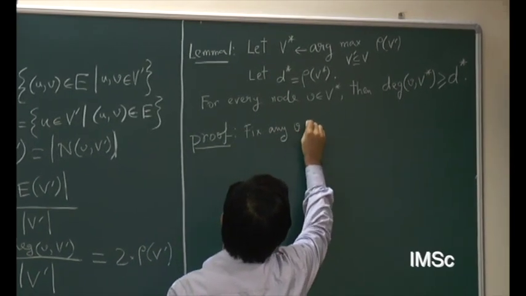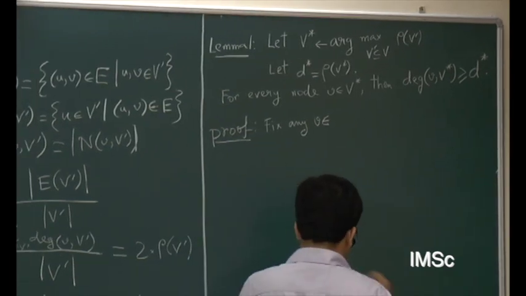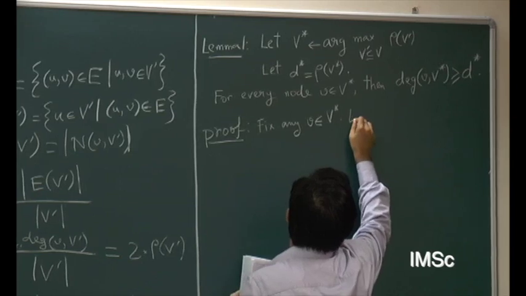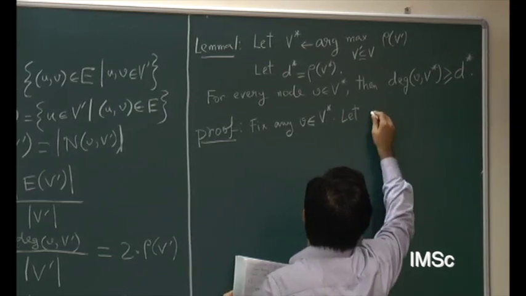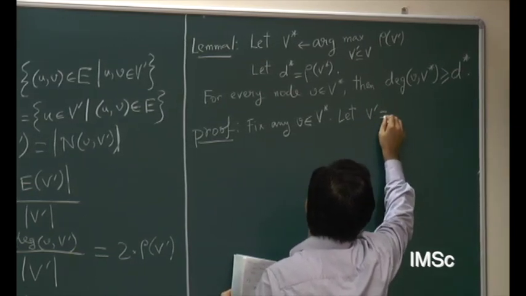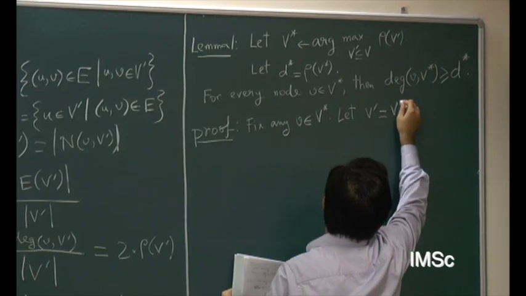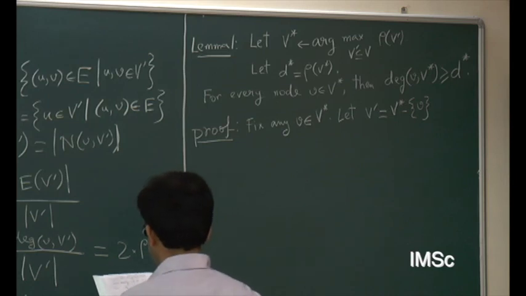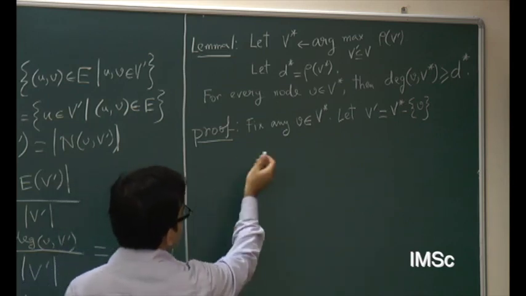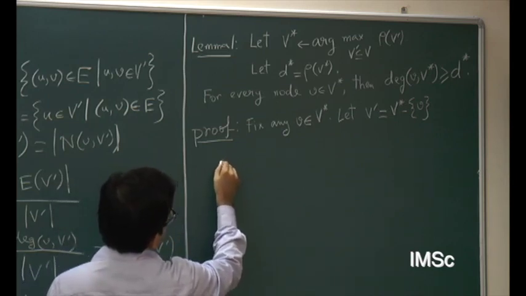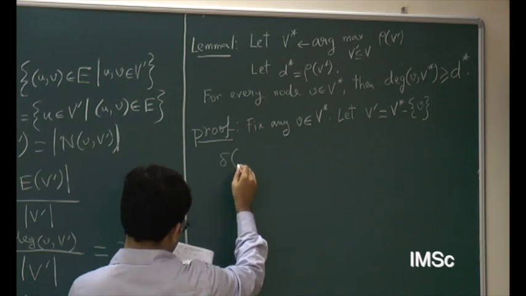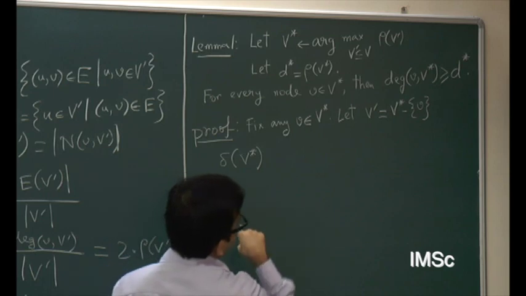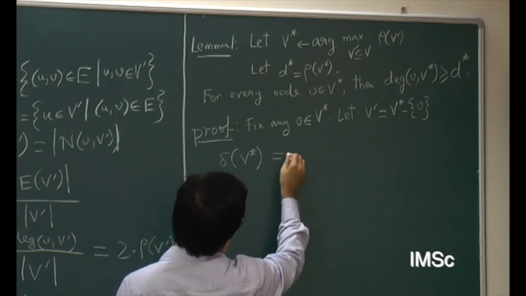So you just fix any node v, and consider the set V prime, which is V star without v. Now what do we know? We know that the average degree in V star is exactly equal to 2D star.